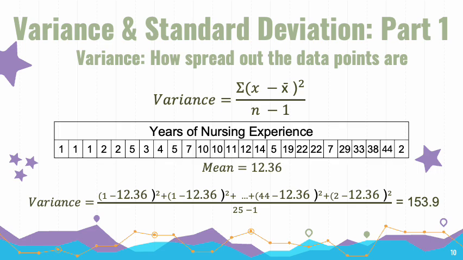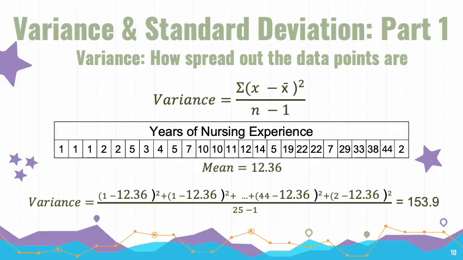Variance is calculated using the following equation. The sum of x minus x bar squared divided by n minus 1. In this equation, following the order of operations, we begin inside the parentheses with x minus x bar. X is the individual data point values, and x bar is the mean of the data set.